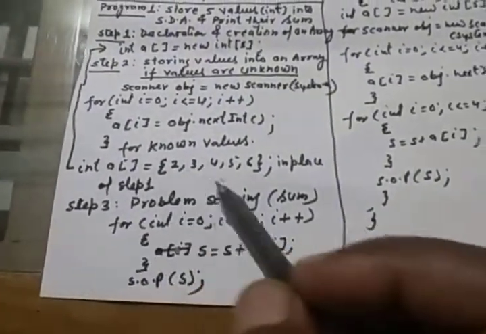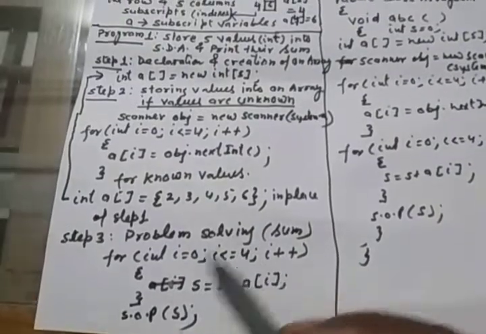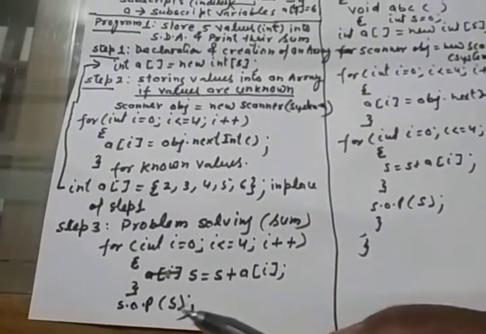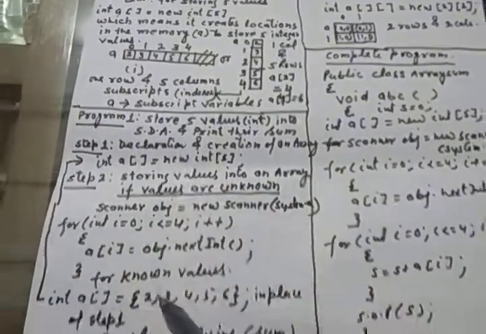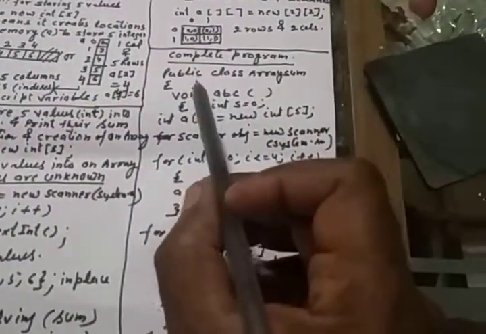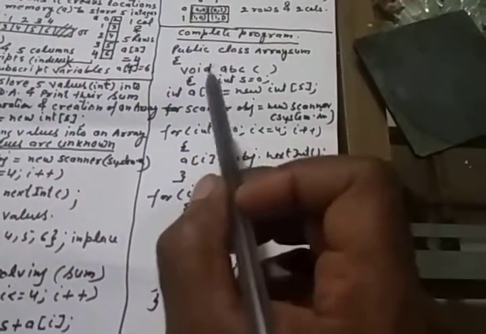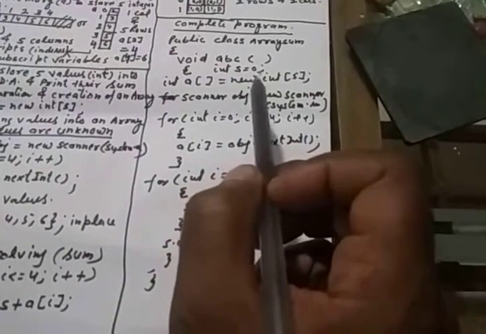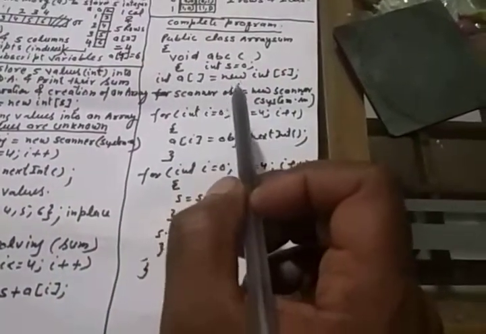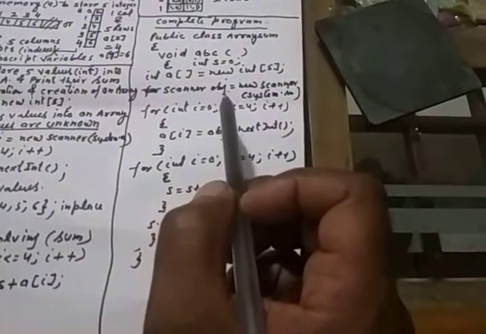So when the complete loop is executed, after exiting from the loop, the sum of all these 5 values will be printed. But I have written the proper program over here. You can see here. Public class ArraySum, void abc, int s = 0, int a[], declaration and creation of an array. This is creation of an object.